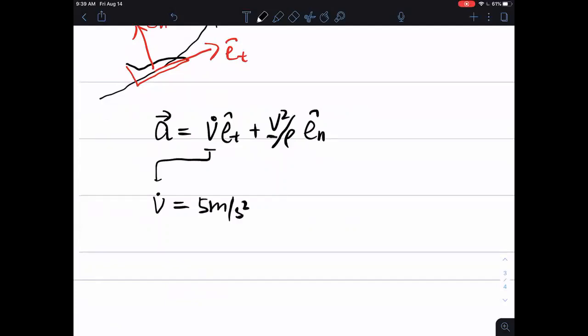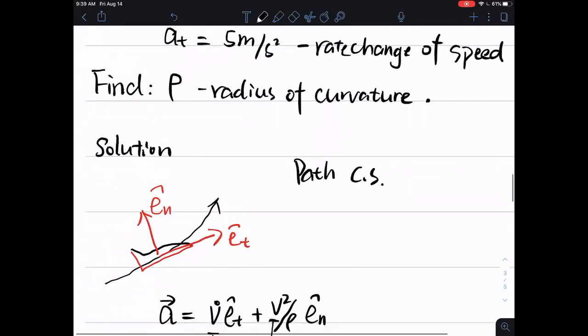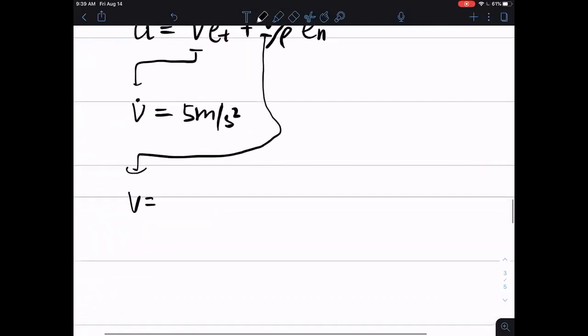Do we know anything about v? V here is 600 kilometers per hour. But this is not the desired unit we want. Everything else is in meters and seconds. So you want to convert the unit to meter and second.